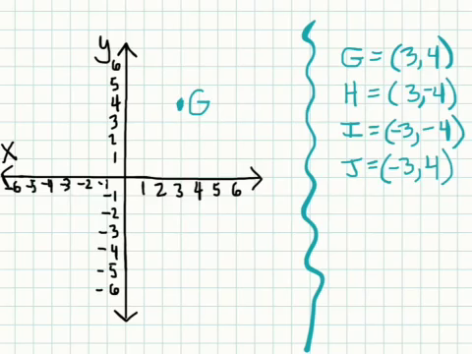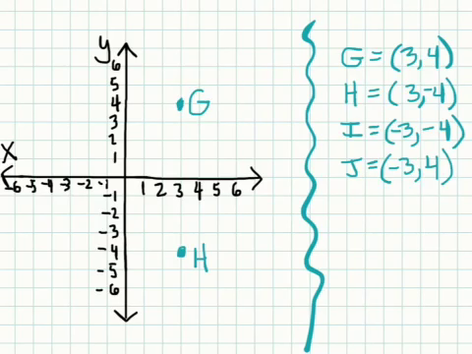Moving on to point H, 3 and negative 4 means over positive 3. Now we said over and up, but if we go up, we're in positive land. That must mean we have to travel down to negative 4, and that's where the negative 4 line is.